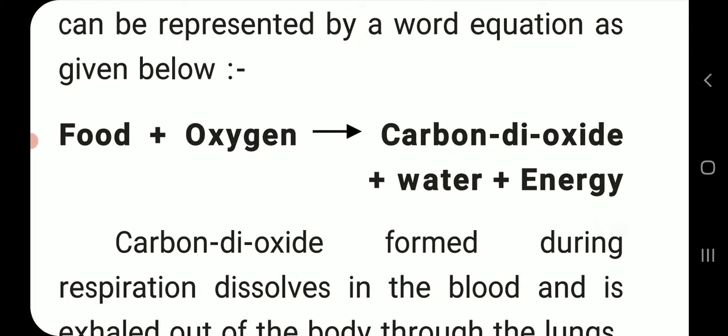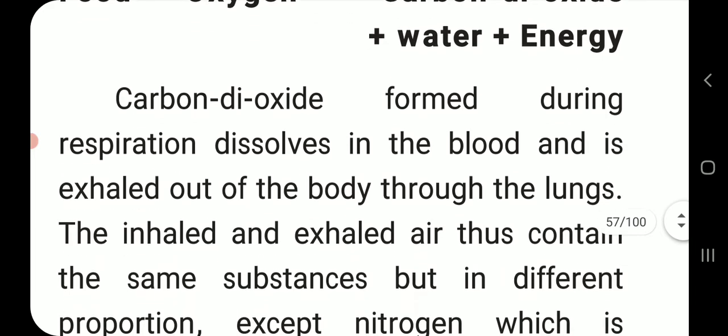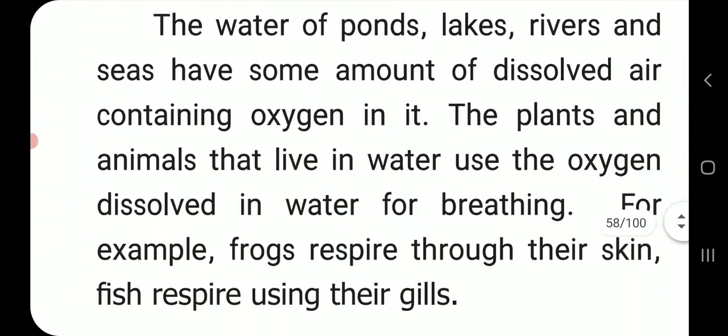Animals and human beings get the food and the oxygen, they eat the food, and then carbon dioxide, water and energy are given out.